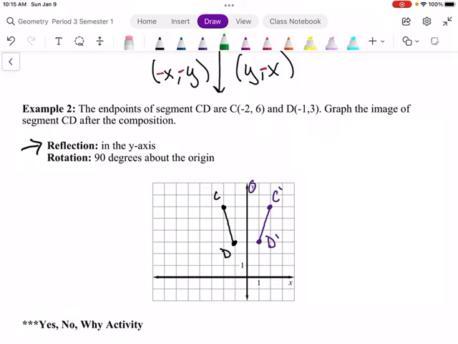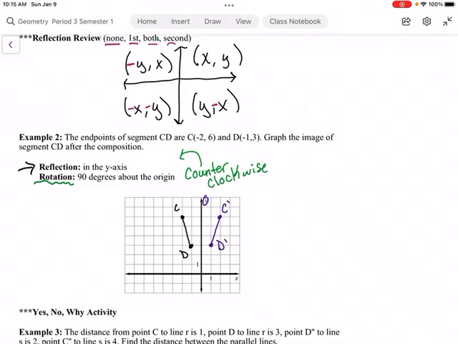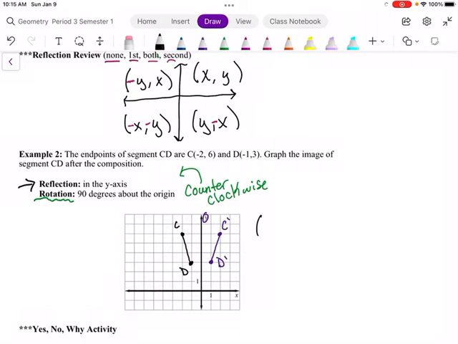So now we are going to do a rotation. This one is going to be 90 degrees about the origin. It doesn't give us a direction, so we're going counterclockwise. Okay. So this one is in the first quadrant, so we are going to be using the X and the Y's.